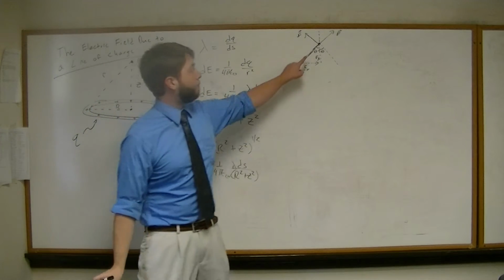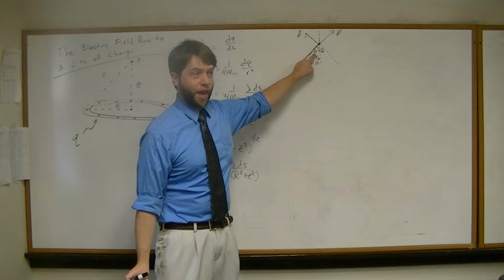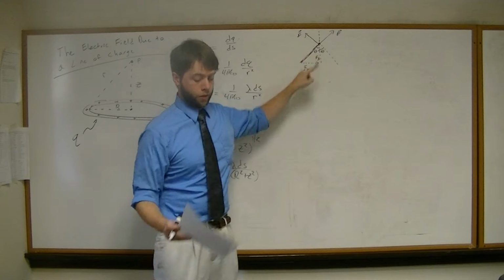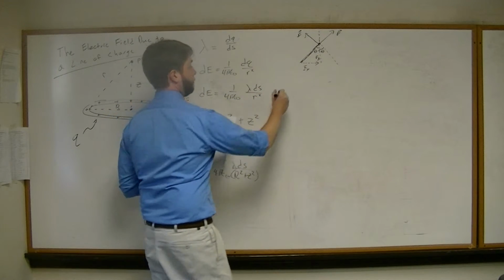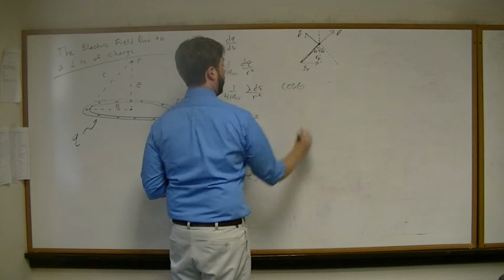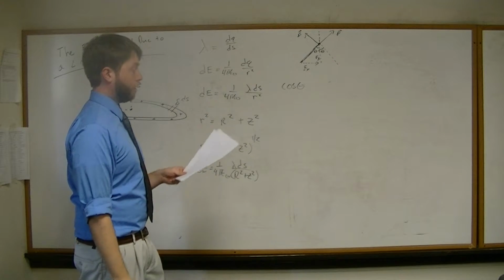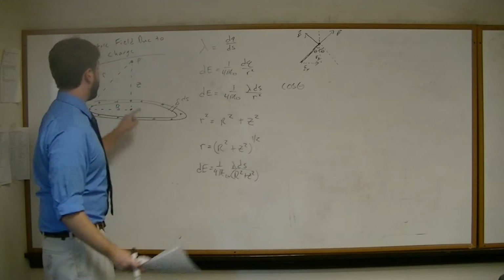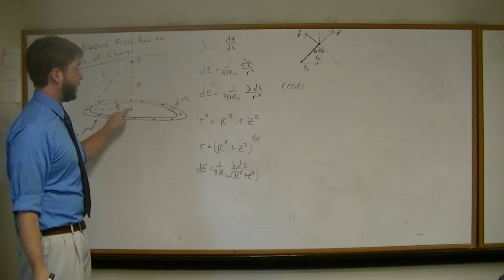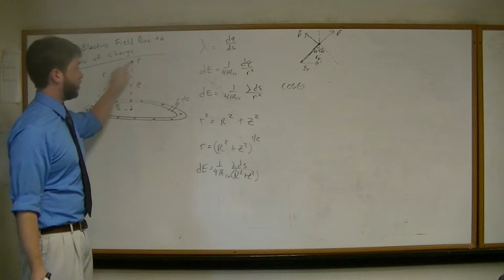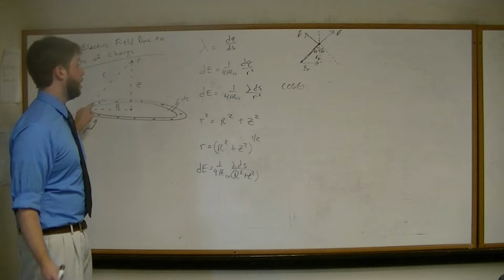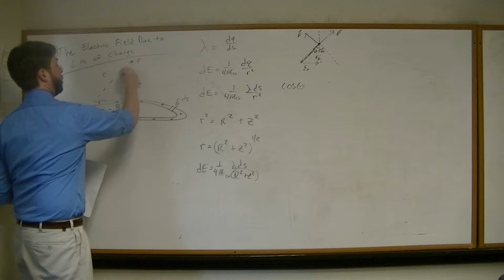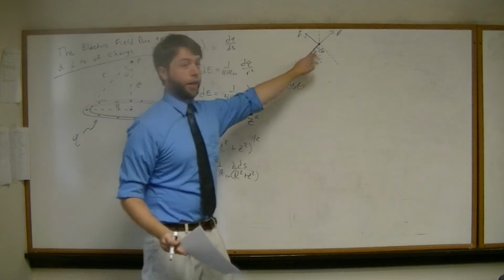Notice that again, I'm going to need the cosine of this angle to get the Ey. So I need the cosine of theta in order to get the Ey component. But that angle is determined by z and this r right here, the little r. This angle theta right here is the same as this angle theta here.